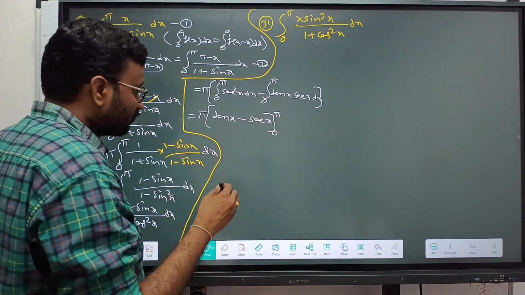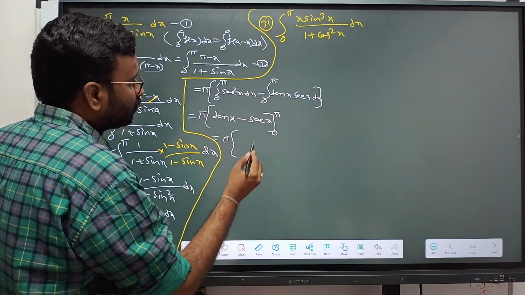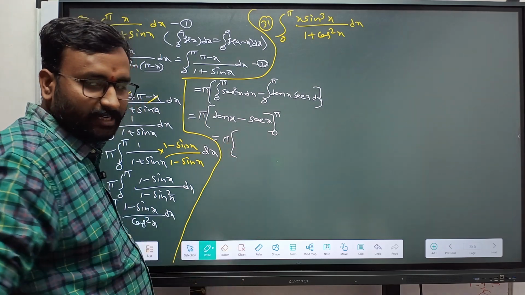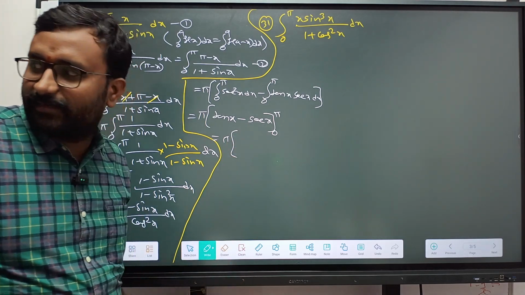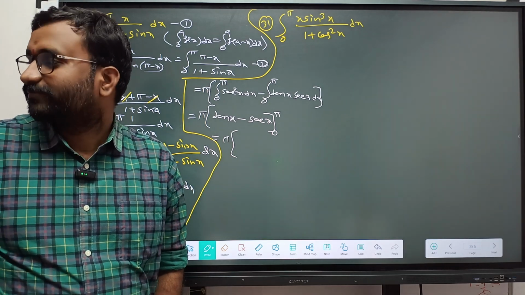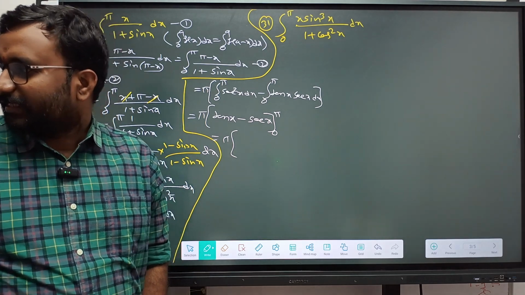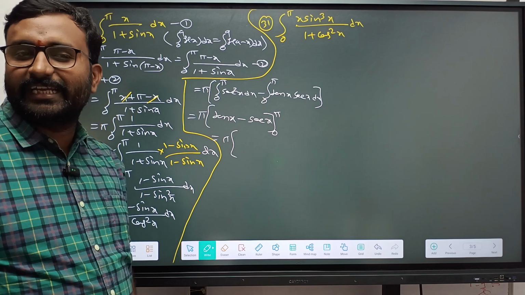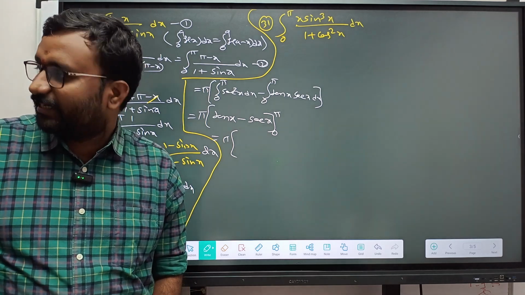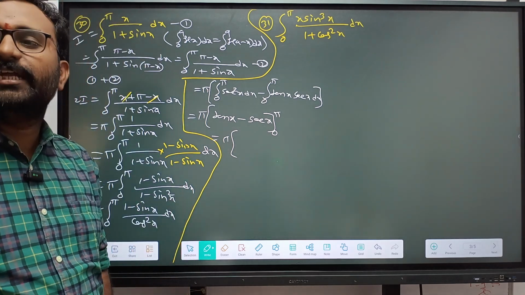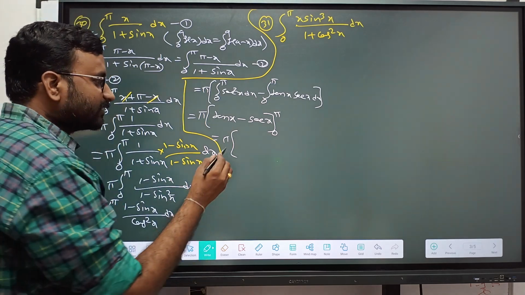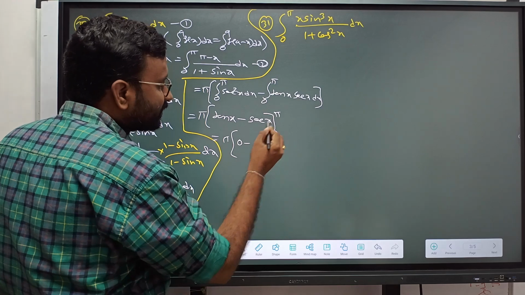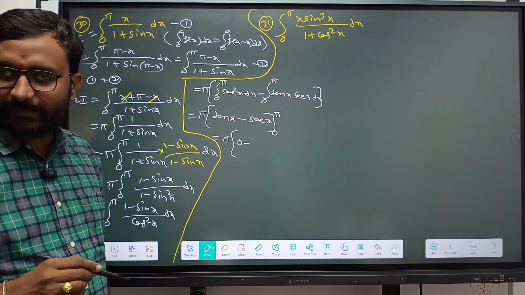Now first substitute the upper limit pi: tan 180. What is tan 180? Tan 180 is the same as sin 180, which is 0. So tan 180 is 0, minus secant 180. What about secant 180?